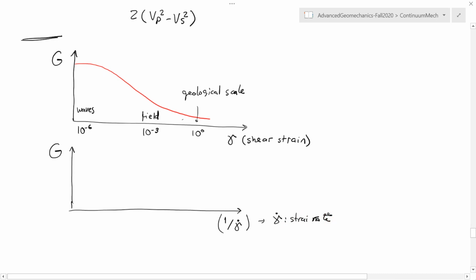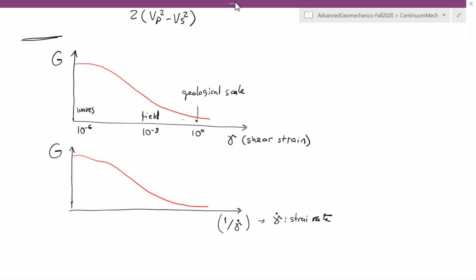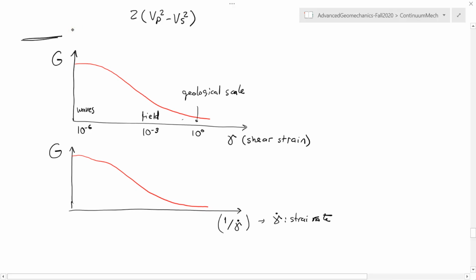And it turns out that the higher the strain rate, and therefore the smaller this ratio, the larger is going to be also the shear modulus. And the smaller the strain rate, also the smaller this shear modulus is going to be. And again, you know, I could also add, in this case, the range usually for elastic waves, the strain rate is very high.